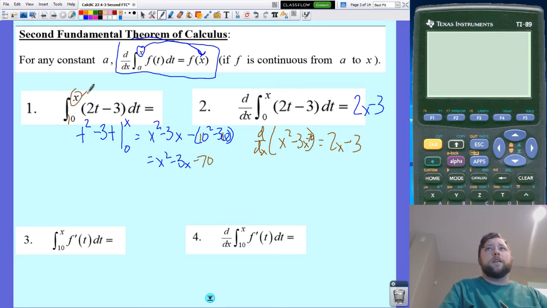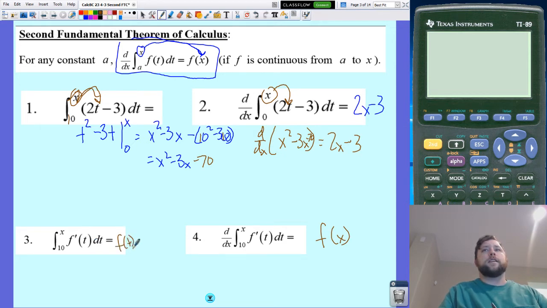Plug that variable in right here, and there's your answer. All right, so even in this case, what's the derivative of the integral of f prime of t? Well, that would just be f prime of x, because the integral of f prime of t is going to be f of t from 10 to x.